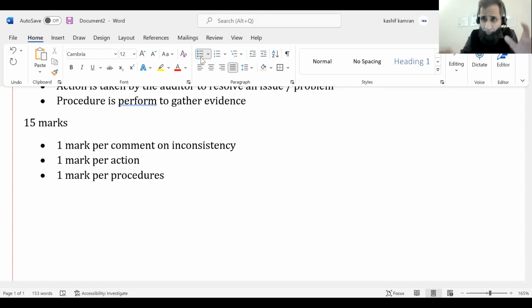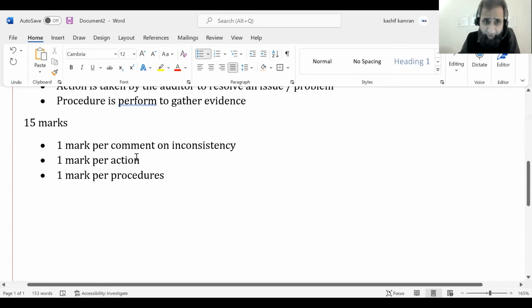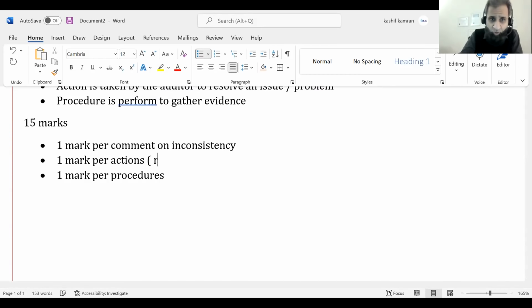So how many total points should you have in your whole answer? In your whole answer, you should have 15 points. Some of those points will be comments on inconsistency. Some of those points will be actions. Some of those points will be procedures. Now, actions are to be recommended, right? That means just list them. Procedures are to be recommended. That means just list them.